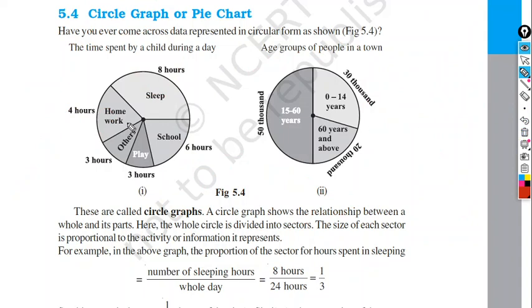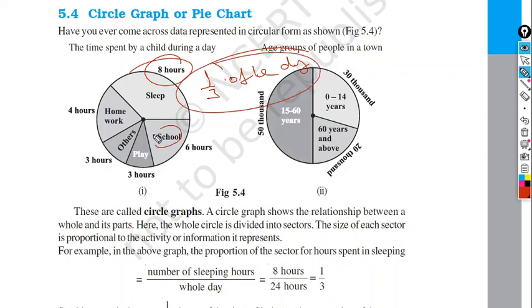So now, 8 hours means we found it 1 by 3 of the day. Now similarly we can find what fraction of the day he spends at school. That means we can find 6 out of 24.